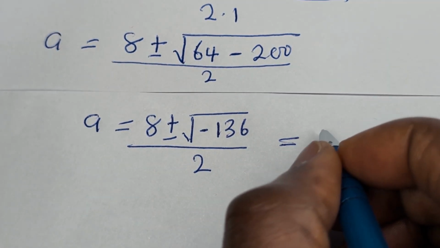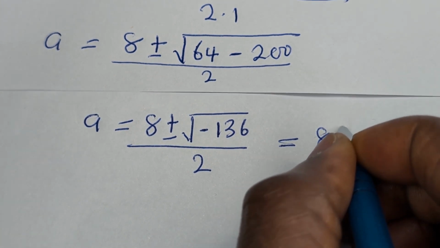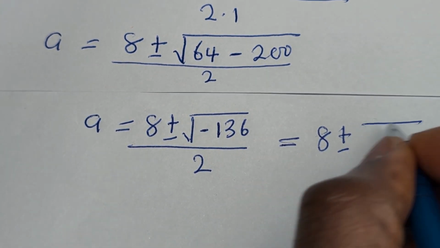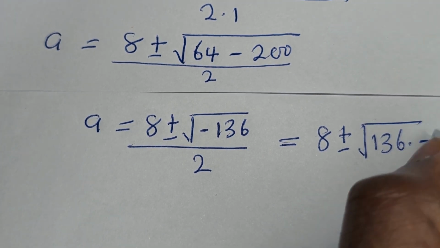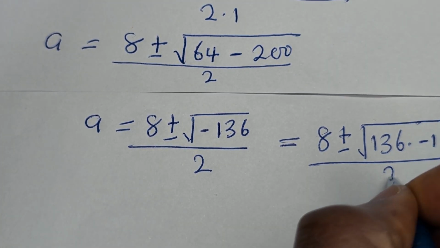And this is equal to 8 plus or minus square root of 136 multiplied by minus 1 over 2.